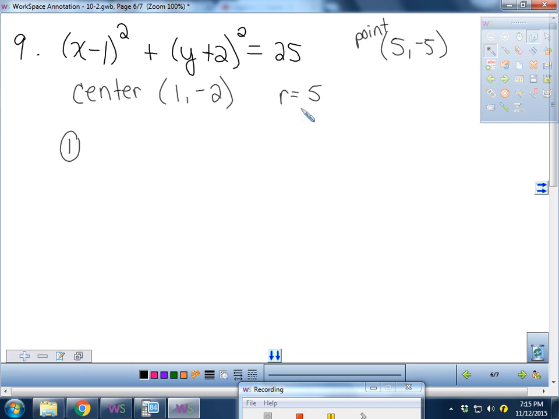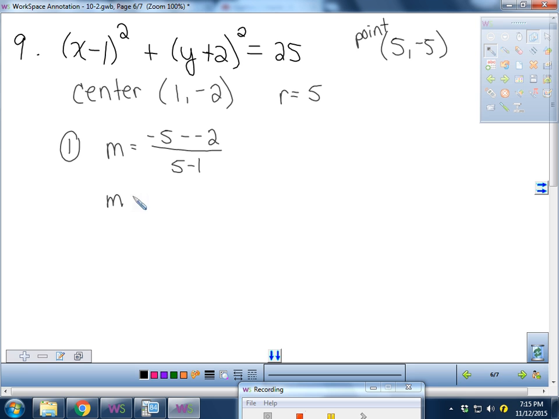So to find the slope, you have to use the center and the point that is on your circle. Okay? So I'm just going to subtract the y's on top. So I've got negative 5 minus negative 2 all over 5 minus 1.